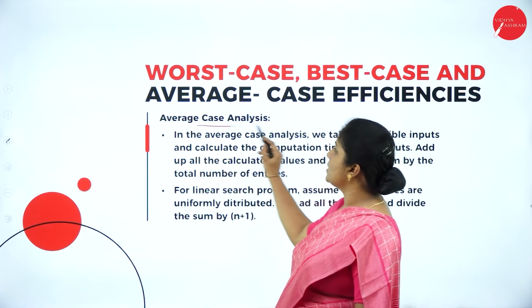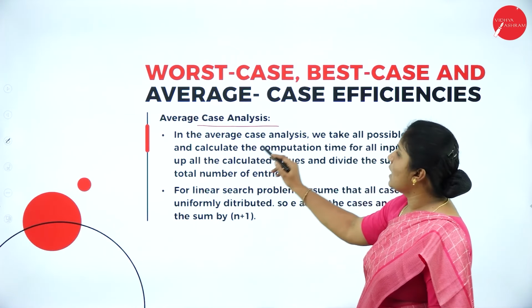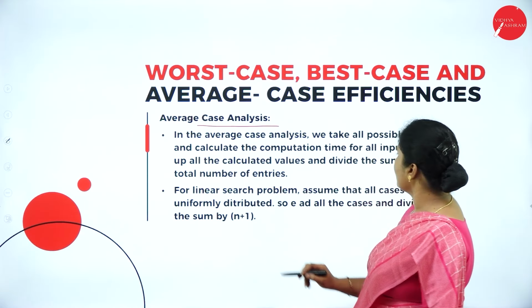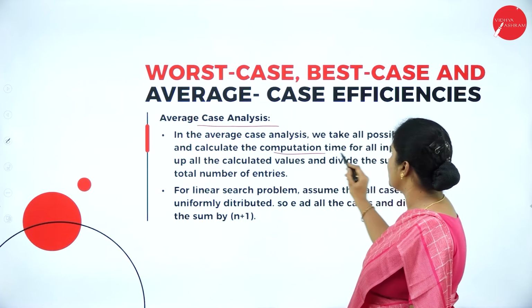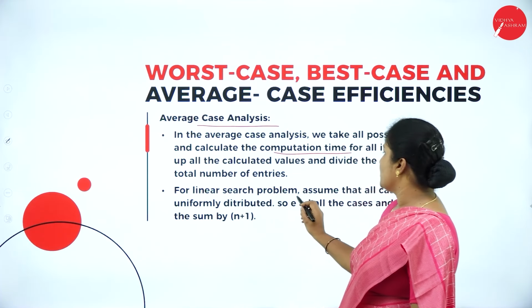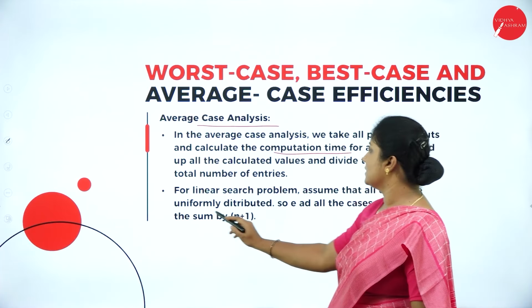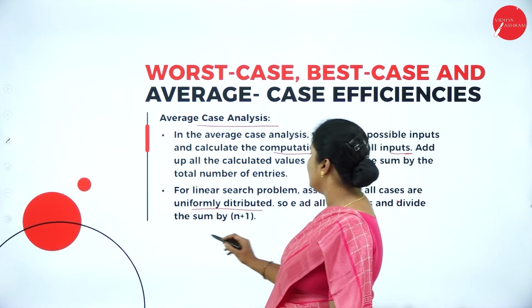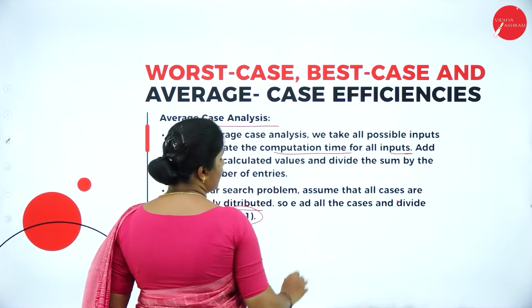Next, we have average case analysis. In the average case analysis, we take all possible inputs and calculate the computation time for all the inputs. For the linear search problem, assume that all cases are uniformly distributed. So we can divide the sum by n plus 1.